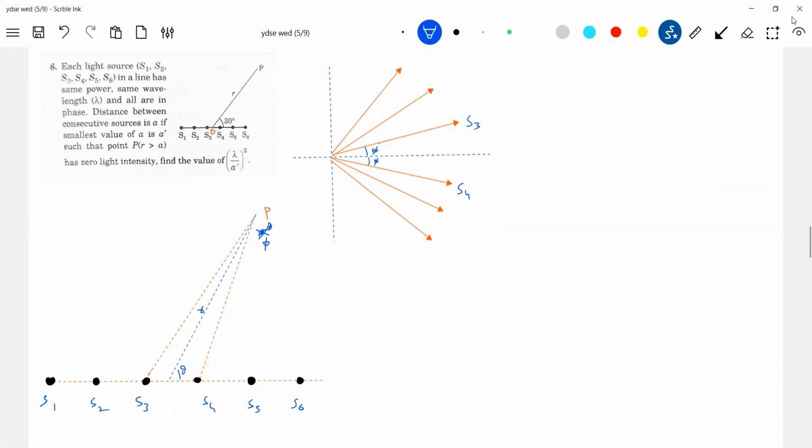Yeah, nothing wrong in thinking. So as R is greater than A, I'm assuming that condition. This is A by 2.